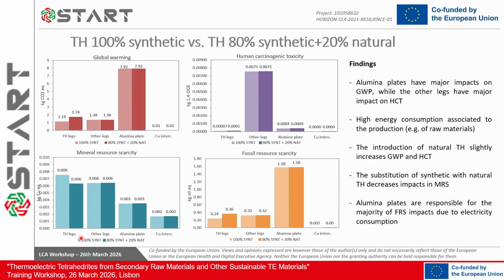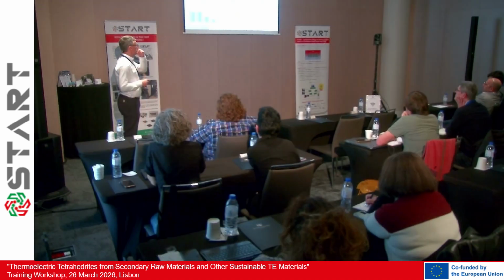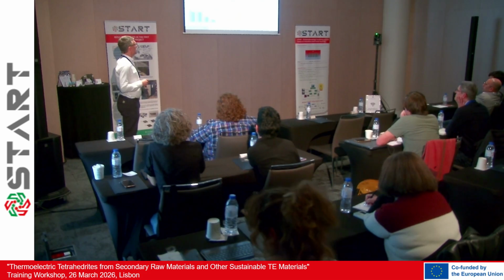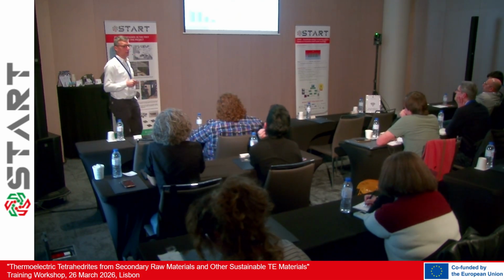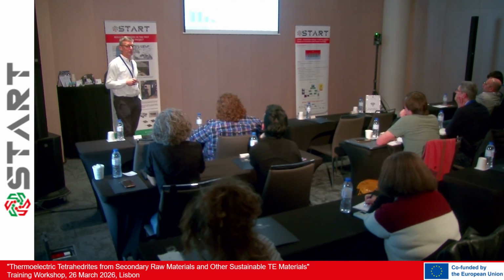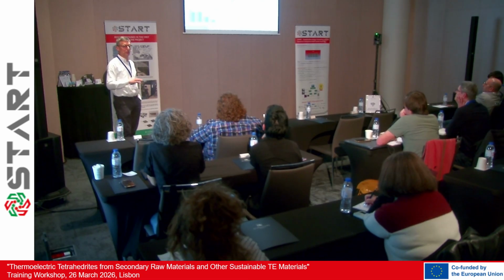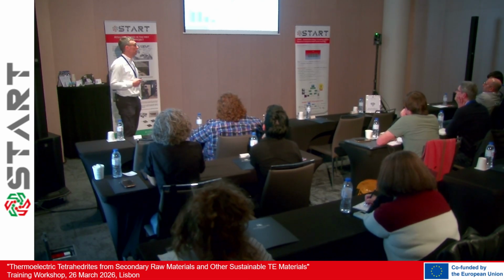So what these results tell us is that there is not a clear picture that the tetrahedrite product can be a winner in all categories. So there is a compromise to be made, but there are some aspects where it can outperform the other competitors, and we should focus on those aspects and try to enhance them.